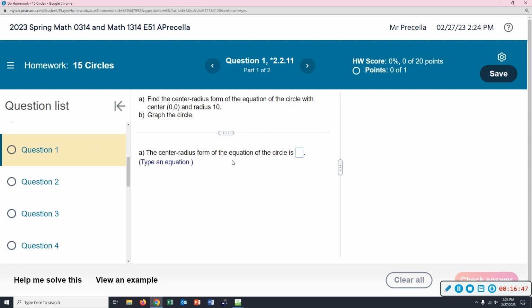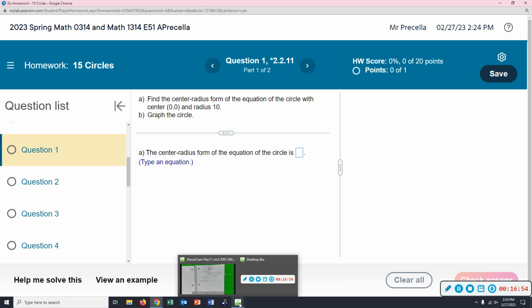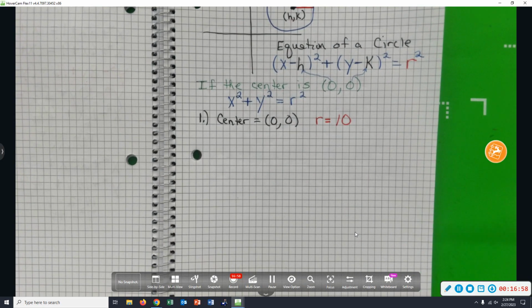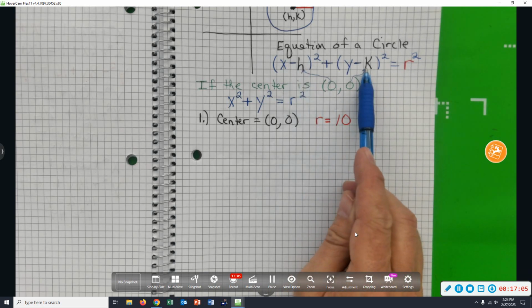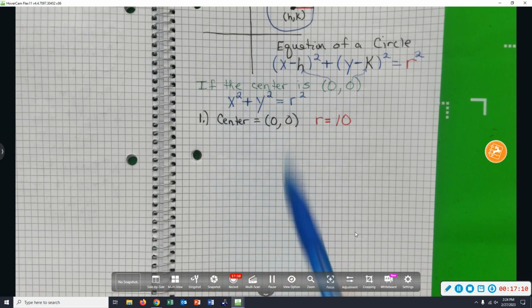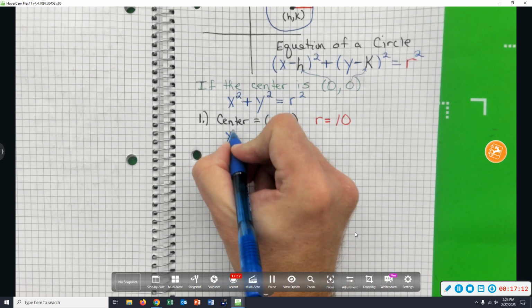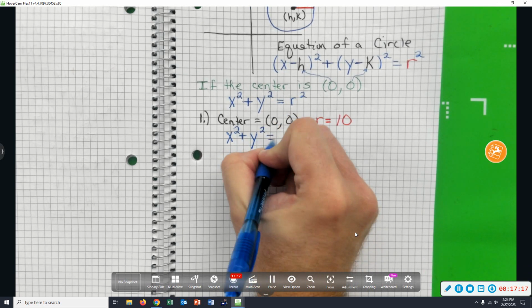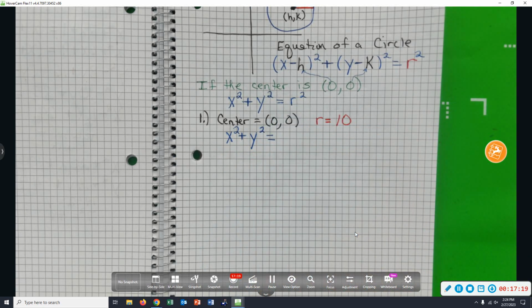First thing we're told to do is write that equation. If we're going to write the equation, are we going to have parentheses in this equation? No, the h and k are 0. So it's just going to start off x squared plus y squared equals the radius squared.